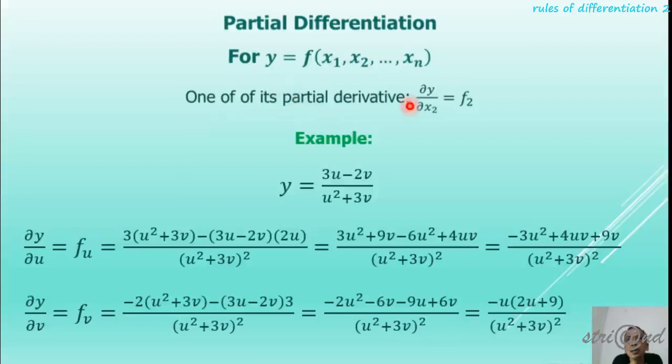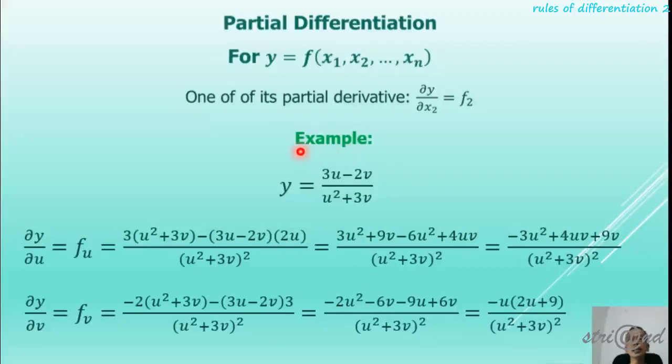To show that it is a partial derivative, the symbol of d is made differently here. This partial derivative can also be written this way: f2, which shows that it is the partial derivative of the function with respect to the second variable, x2.